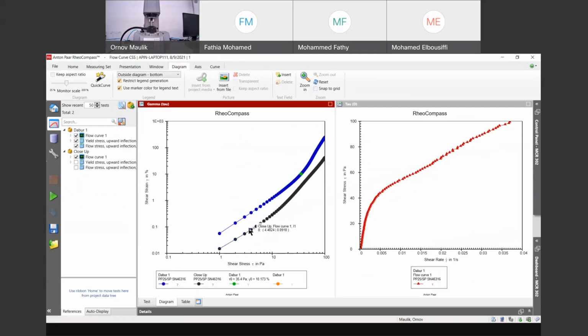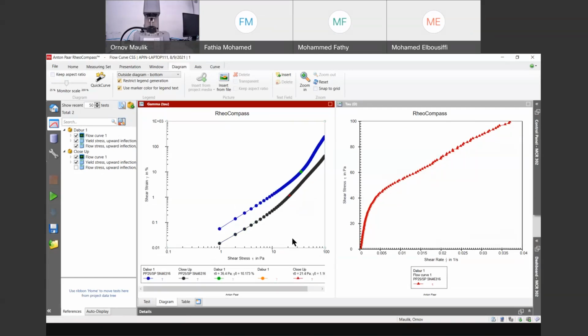Yeah. So you see here, also we have two paste samples with different yield points, and the yield point of the first sample, that is this blue curve, is always more than that of the black curve.